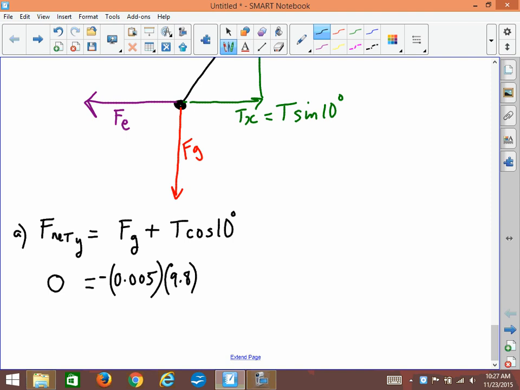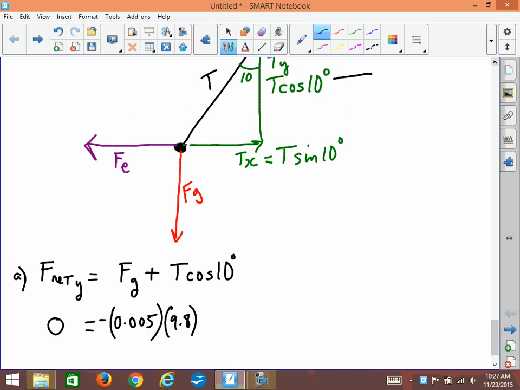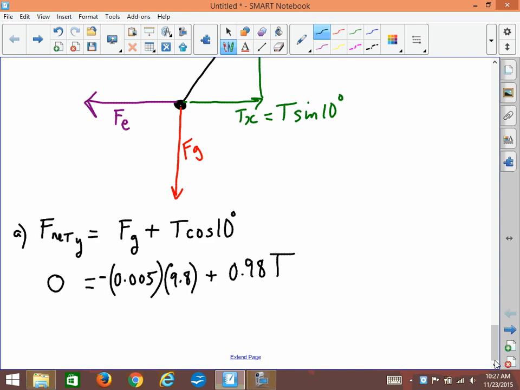And then over at the other one, the T cos 10, can't see it in the picture, but it's right there, the vertical force. I can figure out the cosine of 10 degrees, and if I do that, it comes out to about 0.98-ish. So let's put in 0.98 T. And you can see that we can solve this for tension.